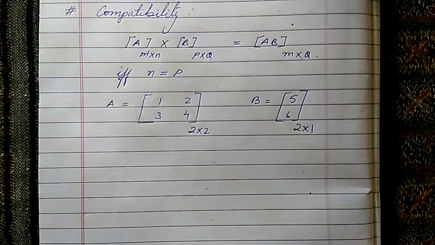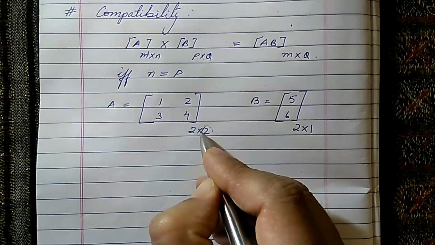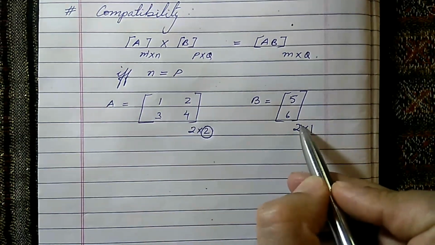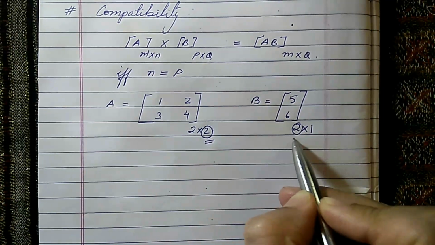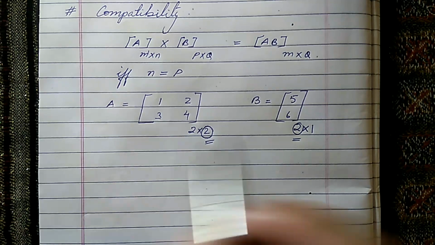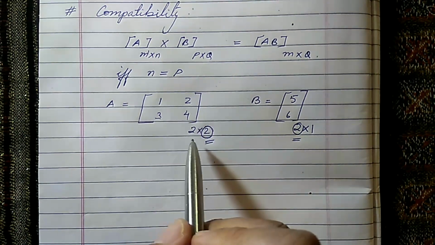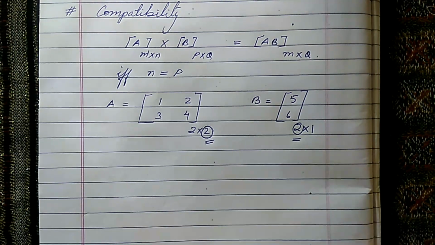So are they conformable for multiplication? For that we'll have to look at the number of columns in A and the number of rows in B. So both are the same, therefore A into B is possible, and we will get a matrix AB whose number of rows will be 2 and the number of columns will be 1.